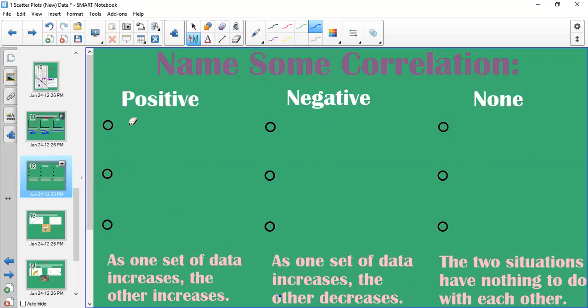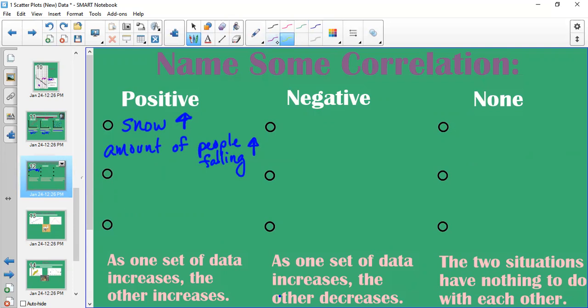So let's say since it's snowing outside, as the snow increases, we could say the amount of people falling would also increase. Now, don't be like my one class and think people were falling from the sky. I just mean people slipping and falling on that one. So as snow increases, the amount of people falling would also increase.